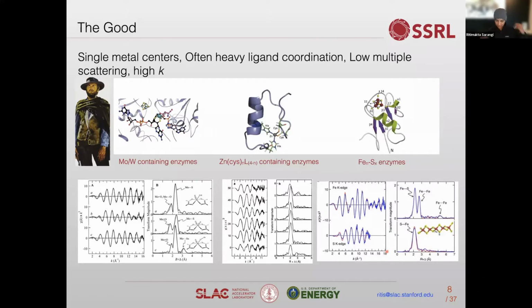And in my system, there fall the molybdenum and tungsten containing enzymes, some zinc enzymes that contain cysteine ligands, and iron-sulfur enzymes. You typically have a single first shell feature, like you see here. I mean, this probably is not the best example, but certainly the molybdenum and tungsten enzymes and the iron-sulfur clusters fall in that category. You can get very high k data and typically easy to analyze XAS.